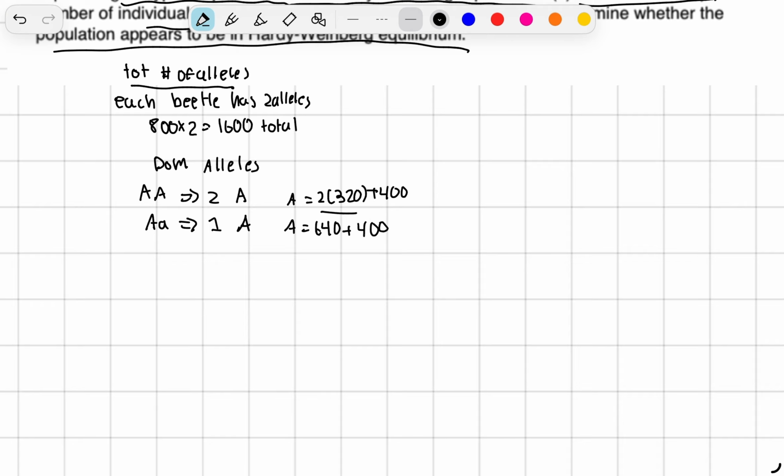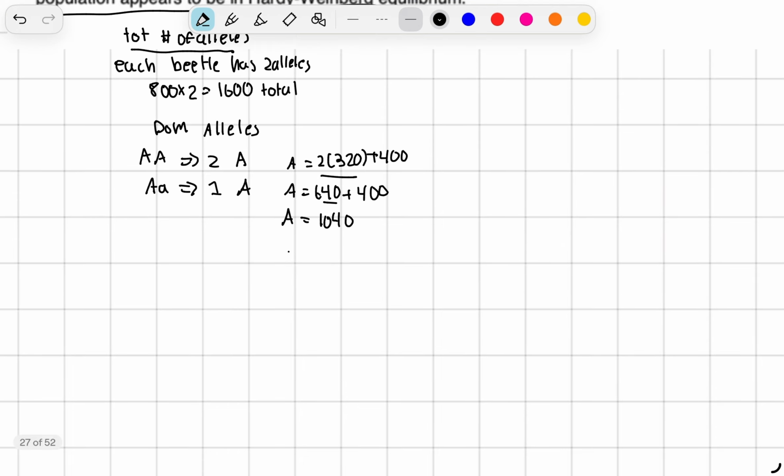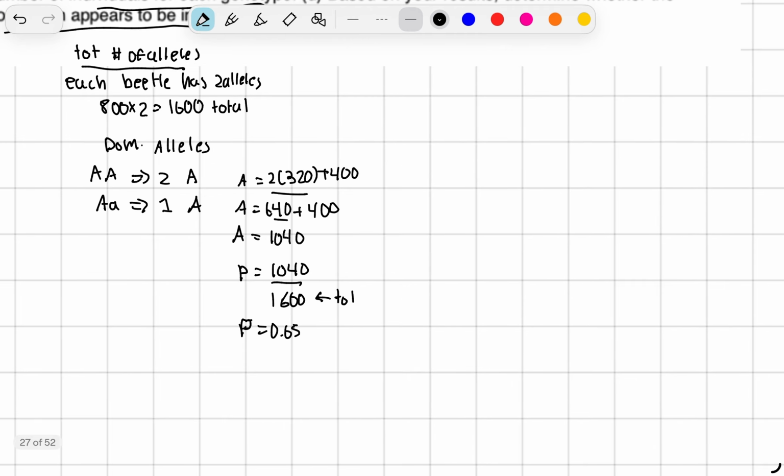We have a total of 1,040 A's, and we can find that p is equal to 1,040 over 1,600, which is our total. So p is 0.65 of all of our total alleles.